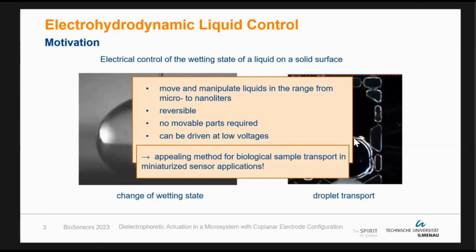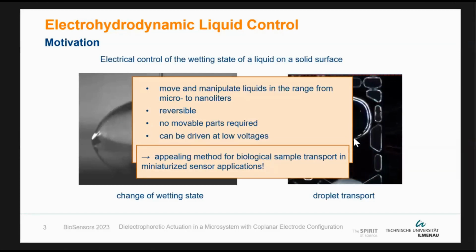So we are not changing any of our liquid properties here. We can change the wetting properties and back to the initial state. We don't need any movable parts that could wear out over time or that have to be designed in a very complex way into our system. And in the end, it can be driven at low voltages. So this is very good for mobile application, for handheld systems, and so on.